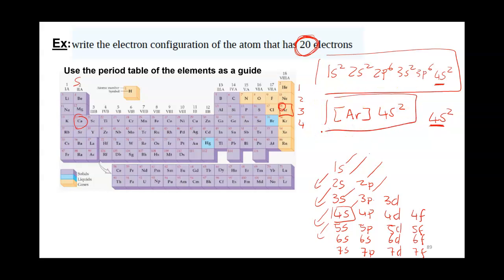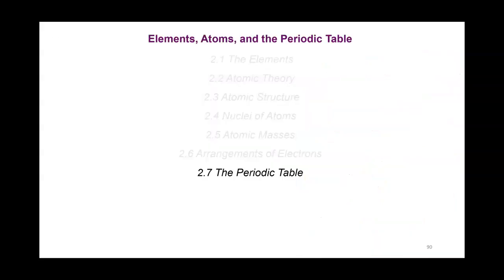So there we have the full electron configuration of calcium and also the abbreviated electron configuration, and we were using the periodic table along with the Aufbau diagram to make sure that we have everything set up correctly. Okay, so that concludes the section on the arrangement of electrons in atoms.